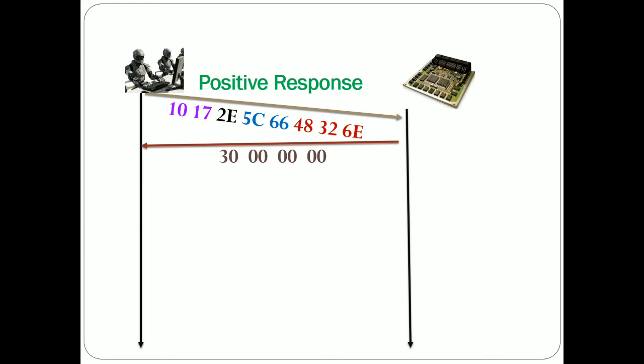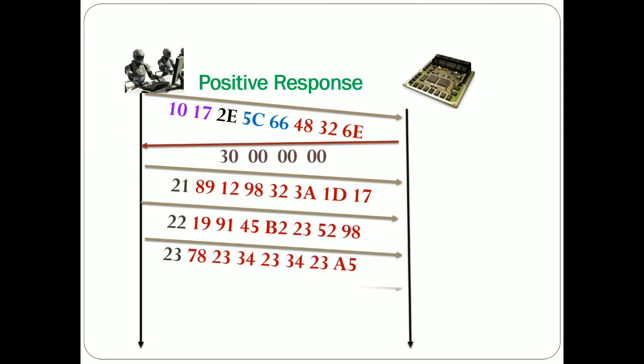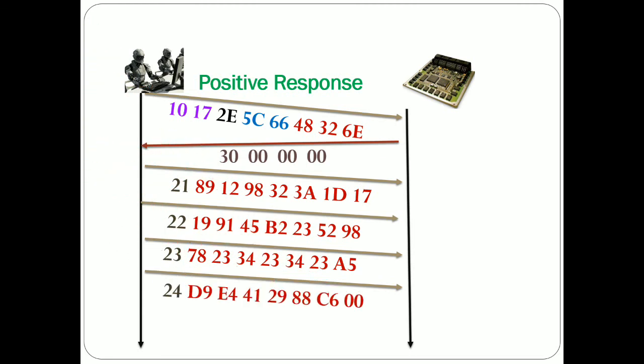Then the second 00 means you can send consecutive frames without any flow control. Without expecting flow control you can send a number of frames and data as declared in the PCI length. So this is the second 00, that is block size.